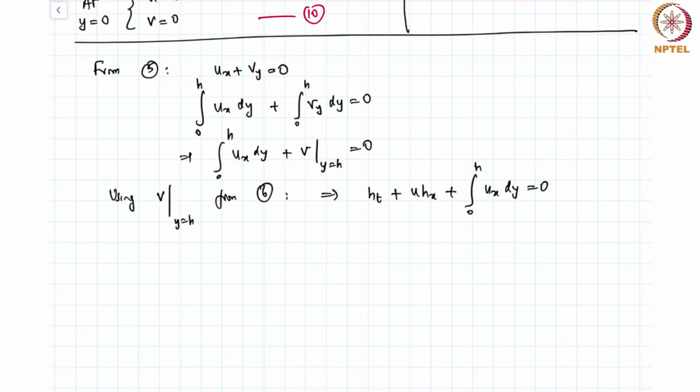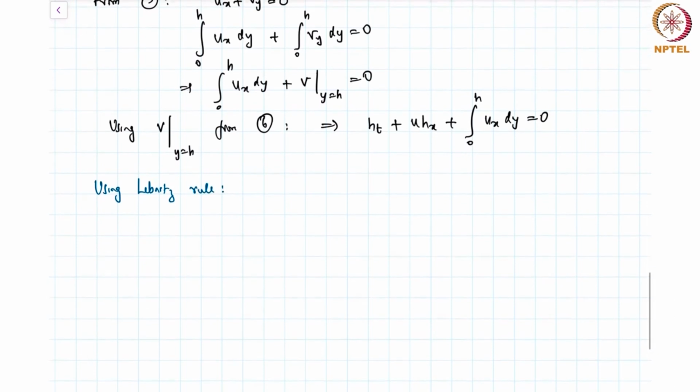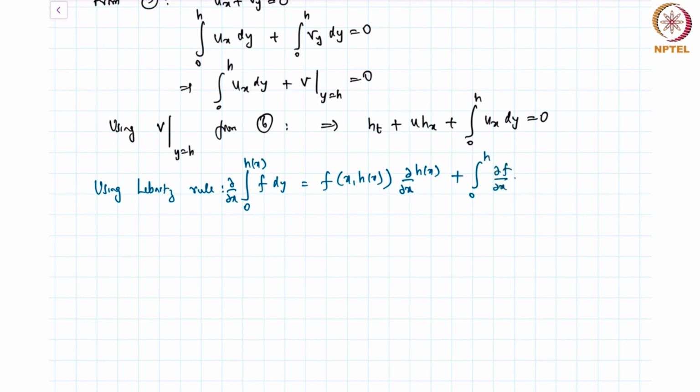Now we can use Leibniz's rule. For those who may not be very familiar with the Leibniz rule, it says if you have a quantity like this, integral from 0 to, let's say, h of x, of some f dy, this simply becomes the function at that location, f of h comma x, times the derivative of the limit, that is h of x, plus integral from 0 to h of del f by del x dy.